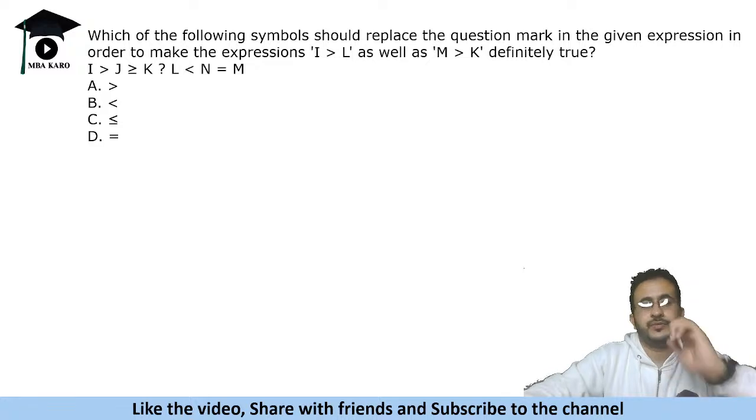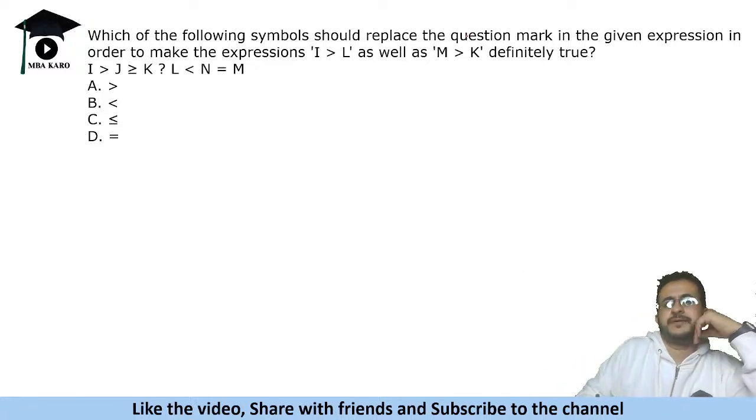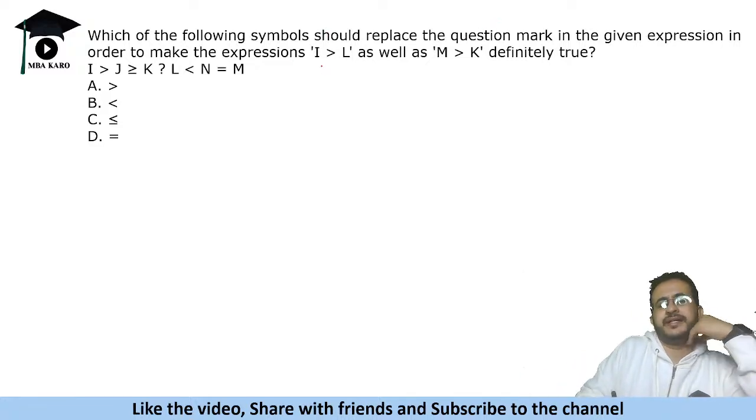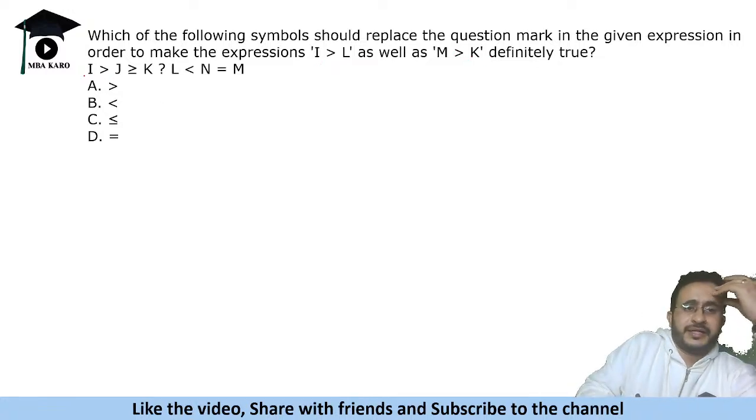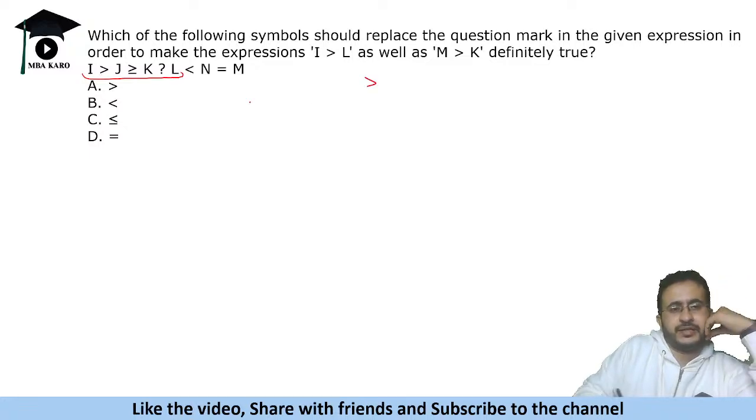Okay, so let's see this question. It says which of the following symbols will make the expression I greater than L as well as M greater than K. So in order to make I greater than L, either we can put this symbol or this symbol or this symbol, right?